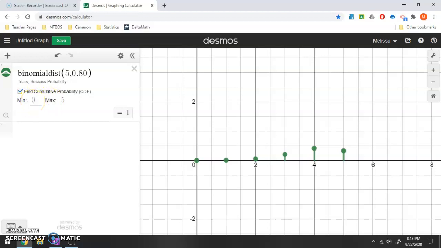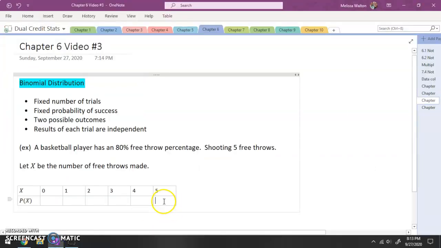Let's say I wanted to calculate the probability of making all 5. Well, I'll go ahead and say, hey, what's the probability that I make from 5 to 5? And that is 0.32, and I'm going to go ahead and round that to the nearest 3, 0.328. So this one is 0.328.